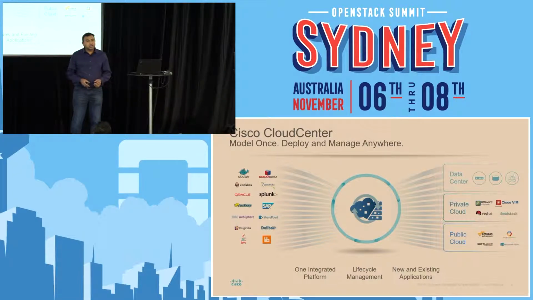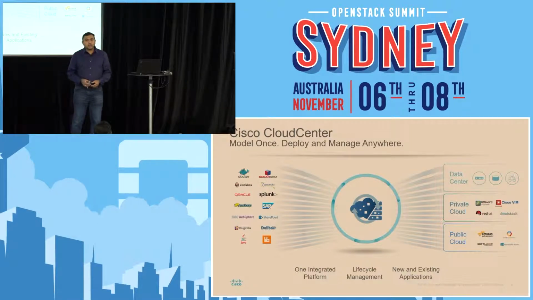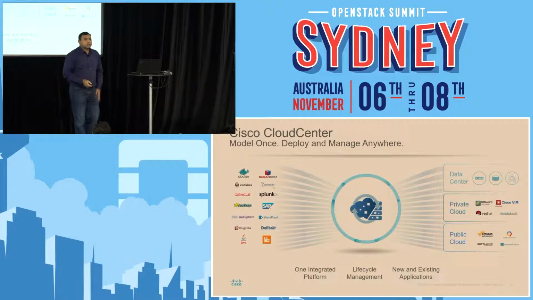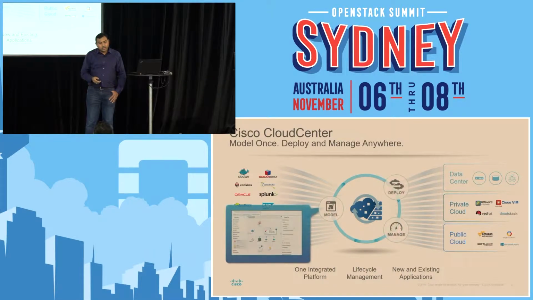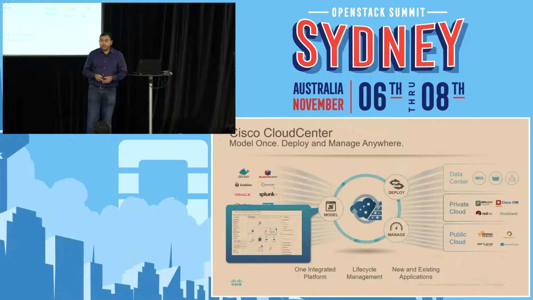So the Cisco CloudCenter is a solution in which you model once, deploy and manage anywhere, everywhere, and all the time. So you got a whole bunch of your applications, application profiles, be it Docker-based, Sugar CRM, Oracle databases, you name it, and essentially you're going to model this application as a real application package once, and you're able to deploy them at any cloud of your choice.